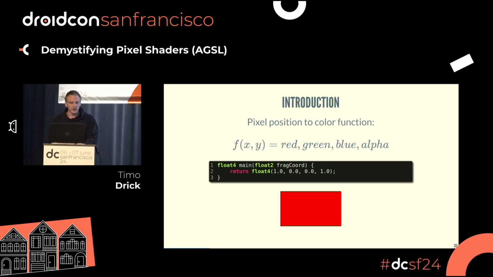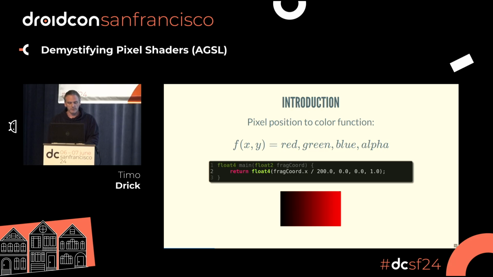Here you see this main function gets a float2 with the rect coordinate, and there we have the x and y position, and then we return a float4 which contains 4 different values for the red, green, blue, and alpha channel of the color. Important also, the range is from 0 to 1. So 1 means full color. In this case, we have 1 at the red channel. This is why below this canvas is red.